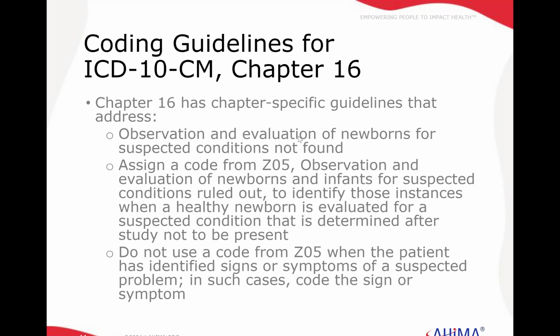Once they've worked up the infant and they determine what the diagnosis is, we don't use the Z05 code. Why? Because we have a diagnosis, and that's the reason that the patient was admitted after study. Goes back to that definition of what a principal diagnosis is.